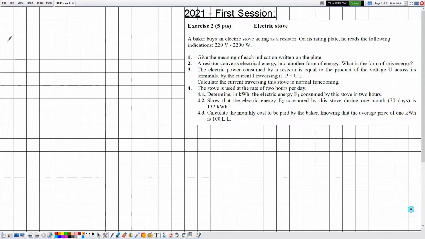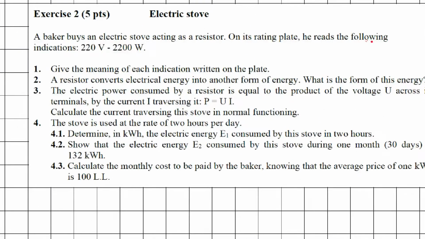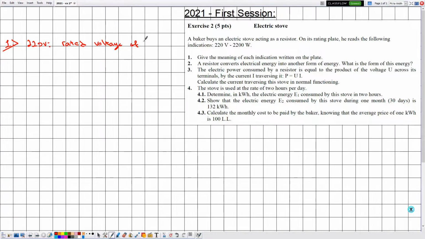And number 1, they are telling us to give the meaning of these indications. Now 220 volts, we know that this is the rated voltage of which electric component. Here we are talking about the electric stove, under which it functions normally.